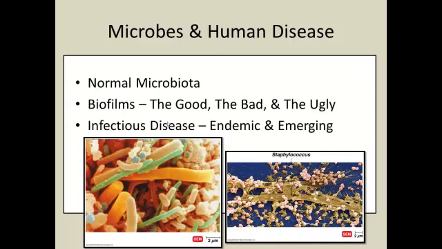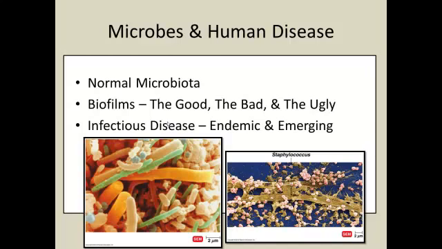Now let's talk about infectious disease. There's two basic kinds that we're going to be talking about repeatedly: endemic and emerging. Endemic is a disease that is common in the population, and you have a tendency to be expecting it. Examples in the U.S. of endemic diseases are influenza, the common cold, those sorts of things.